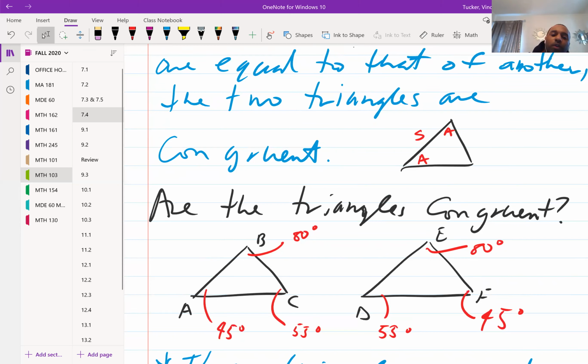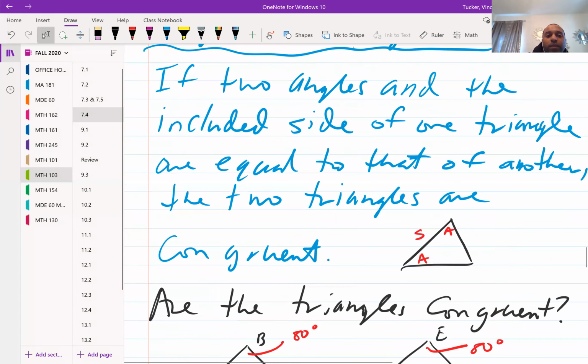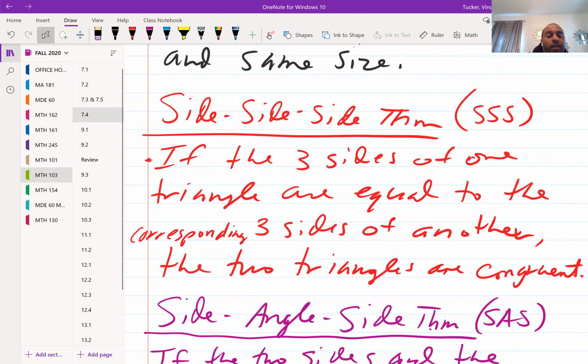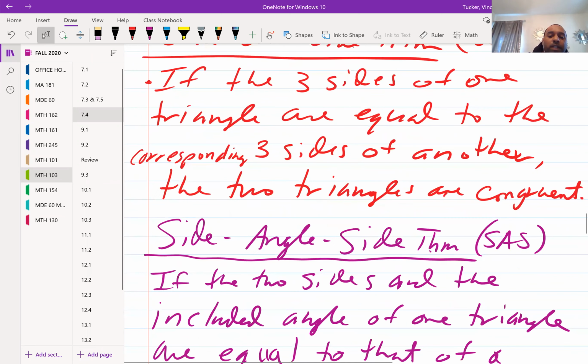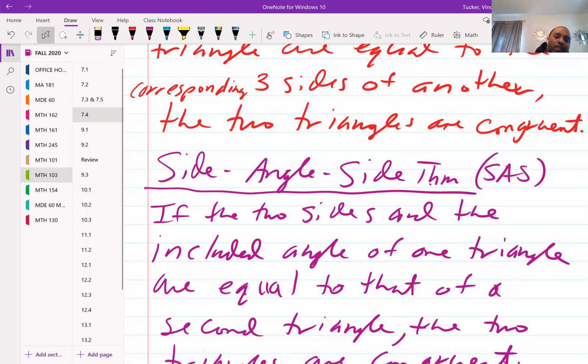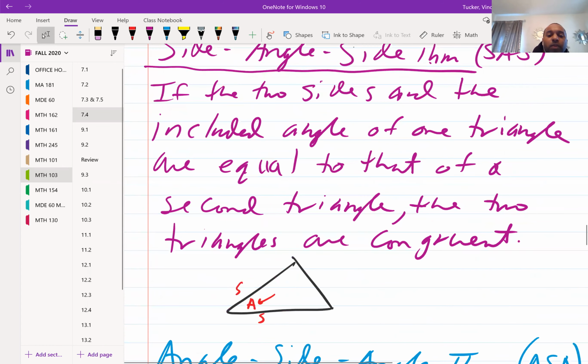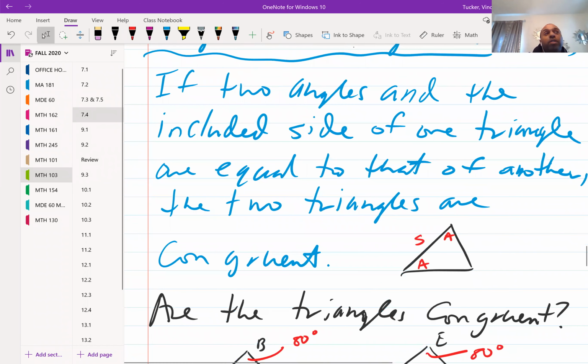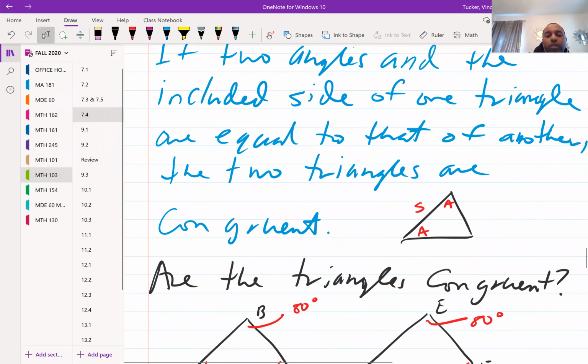So don't forget, the only way that we can establish that they are congruent is if it fits one of these three theorems: either side-side-side, that means all the sides are equal; side-angle-side, two sides and their included angle are equal; or angle-side-angle, that's two angles and their included side are equal. If we can't use those three, then we can't say that these triangles are congruent.